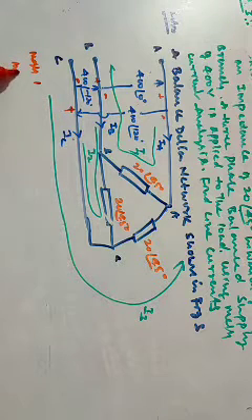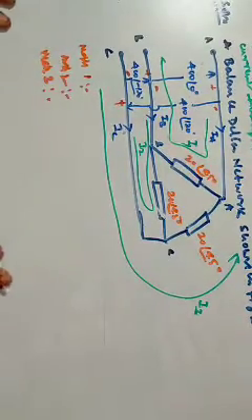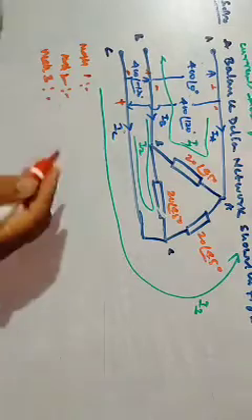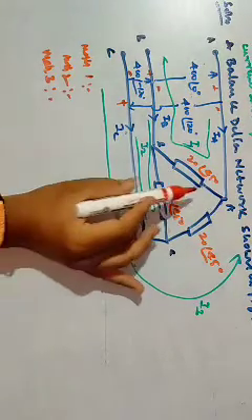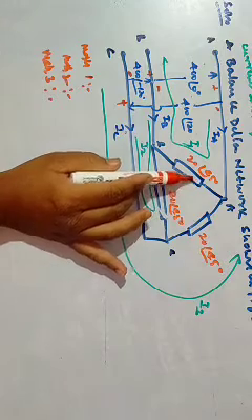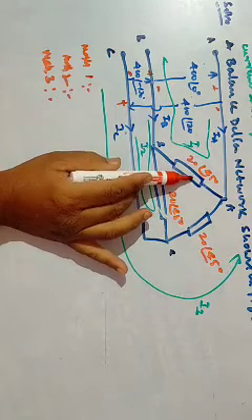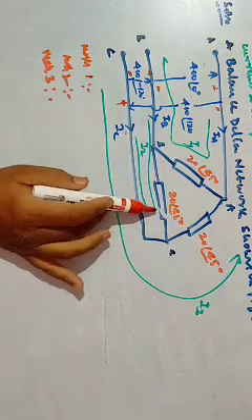We'll have three mesh equations, from mesh 1, mesh 2 and mesh 3. In mesh 1, only I1 is flowing. In mesh 2, only I2 is flowing.